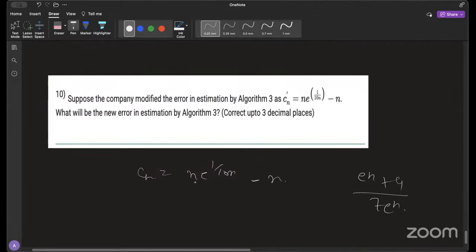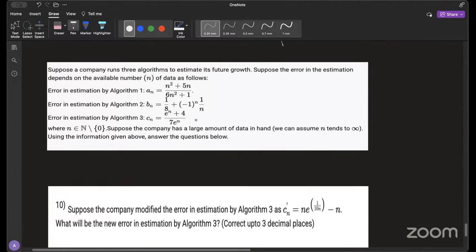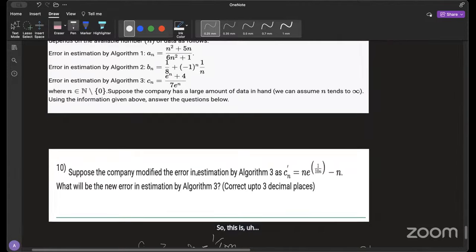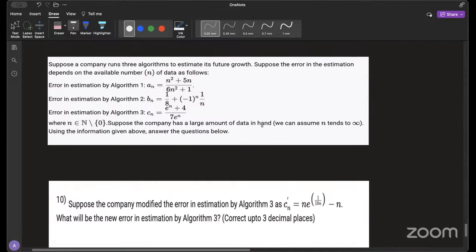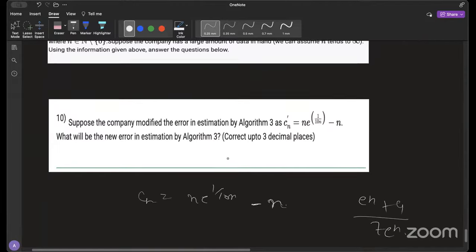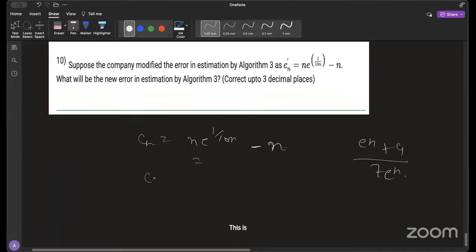So this is about the limits thing, right? You have to find the limit as n tends to infinity. So this is n e to the power 1 by 10n minus 1.